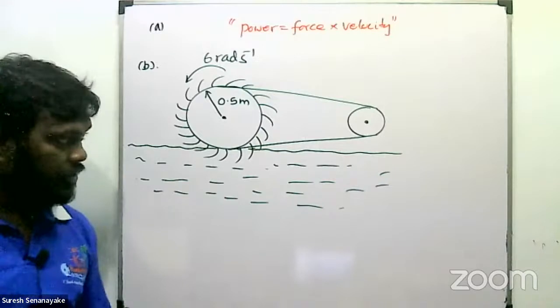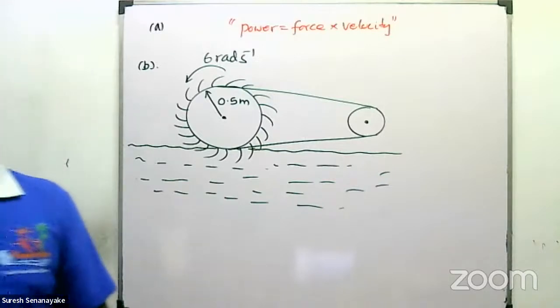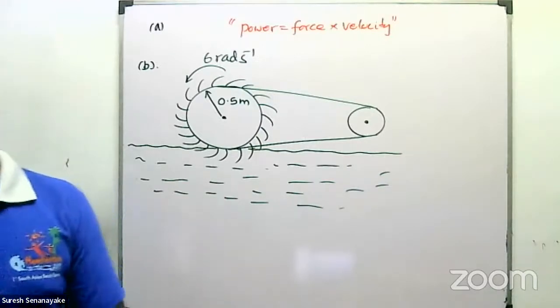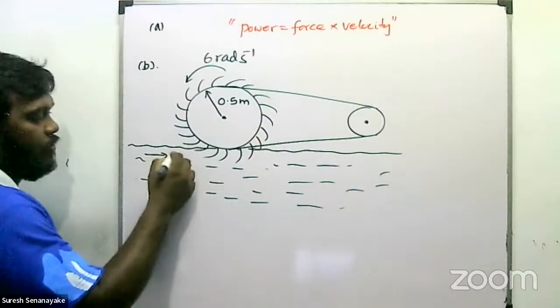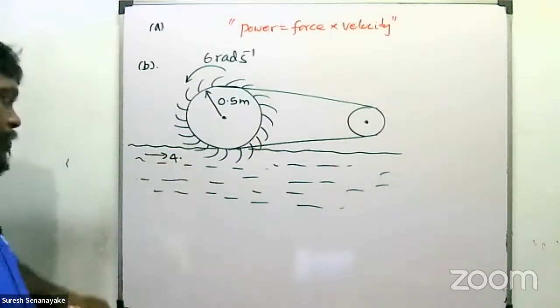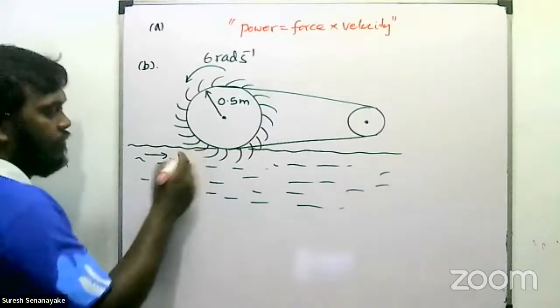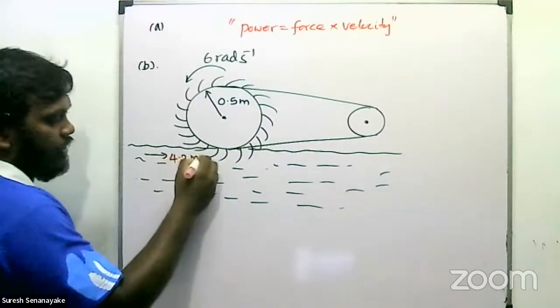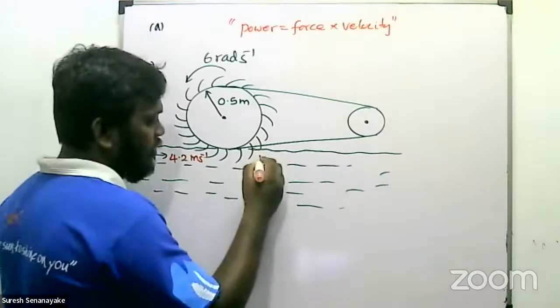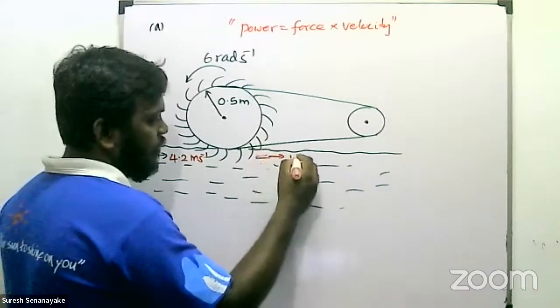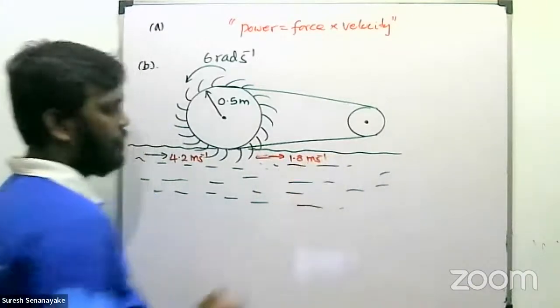And then write: the water flows towards the wheel with the speed 4.2 meters per second, and the water exits with the speed 1.8 meters per second.